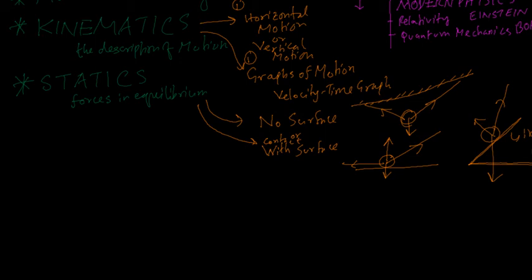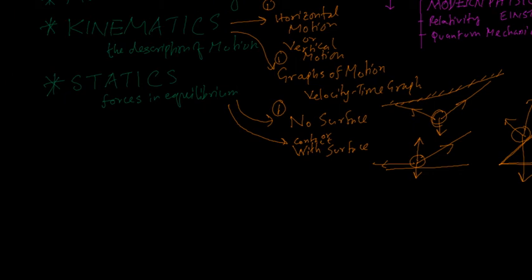So this is an inclined plane and this is a horizontal plane, and the quality of the plane can be smooth, meaning no resistance to motion, or it can have some resistance to motion known as friction. So there's going to be one question from statics. It's either going to be no surface, where things are just hanging around, or it is going to have some sort of a surface. So far we have three questions. The next one that we have is called dynamics.